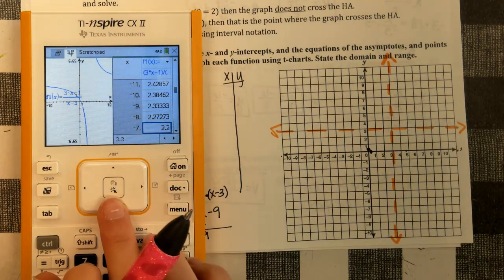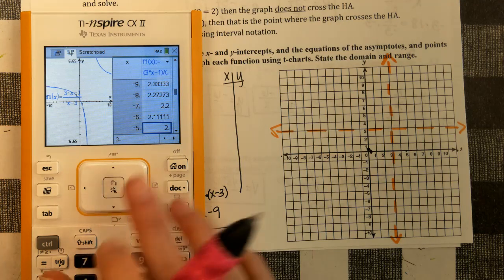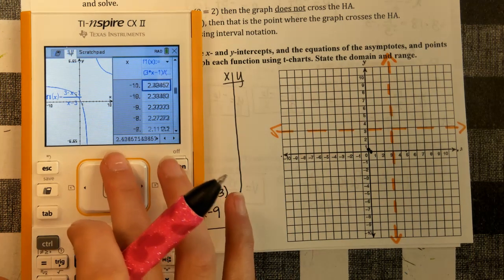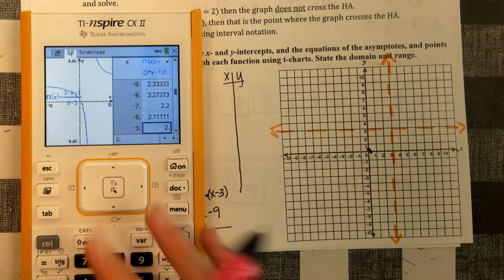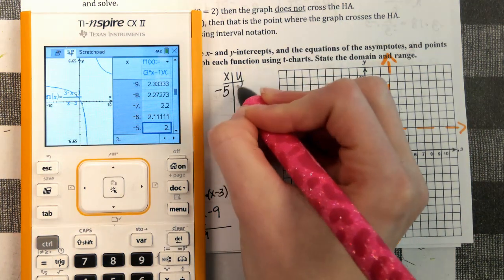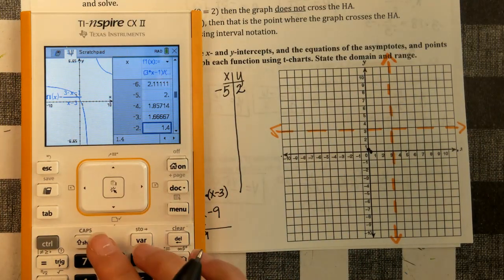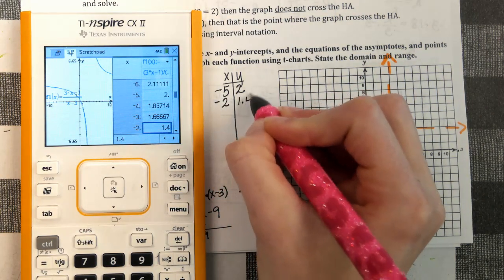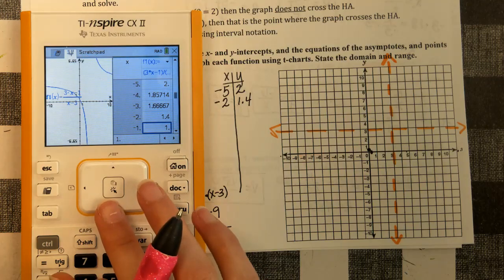So I could probably stick with just negative 5, 2, because negative 5, 2 and this negative 11, 2.4 are going to look pretty much the same. So I'm going to start at that negative 5, 2. And then I'll probably skip to that negative 2, 1.4. You can skip around as long as you have enough to make all the curves.